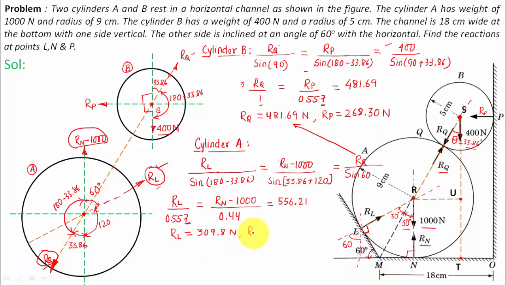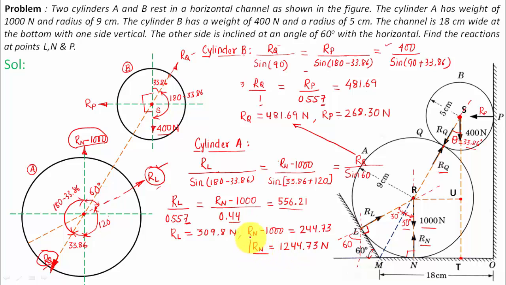Now Rn minus 1000 is equal to 556.21 multiplied by this guy 0.44, which is going to be equal to 244.73. When you add 1000 to this 244.73, you will ultimately get the value of Rn is equal to 1244.73 newtons.